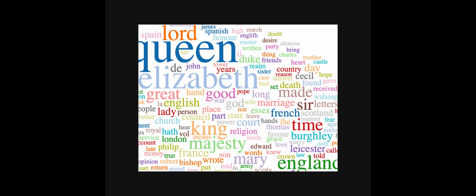Okay, so one common technique that you're going to see today is word clouds. And this one is not exactly wonderful. You can see Queen Elizabeth Lord in this example has bigger words. In these word cloud examples, the bigger words are more frequent words.